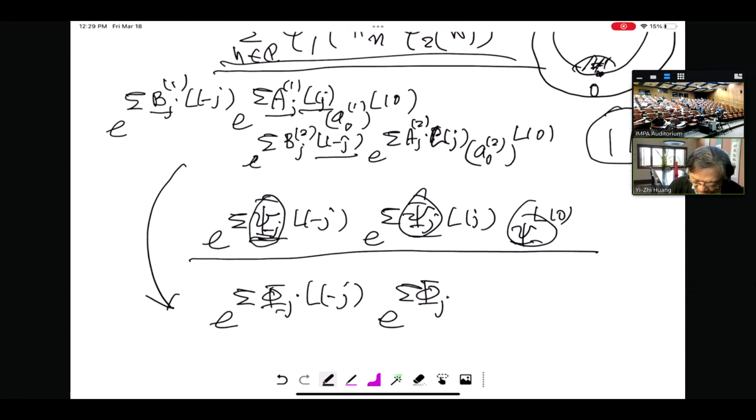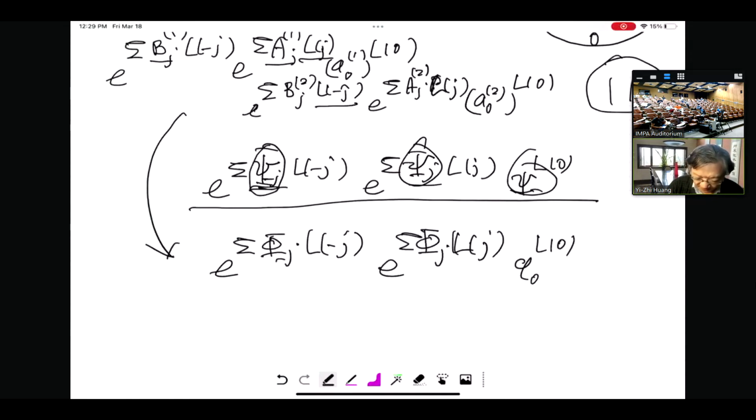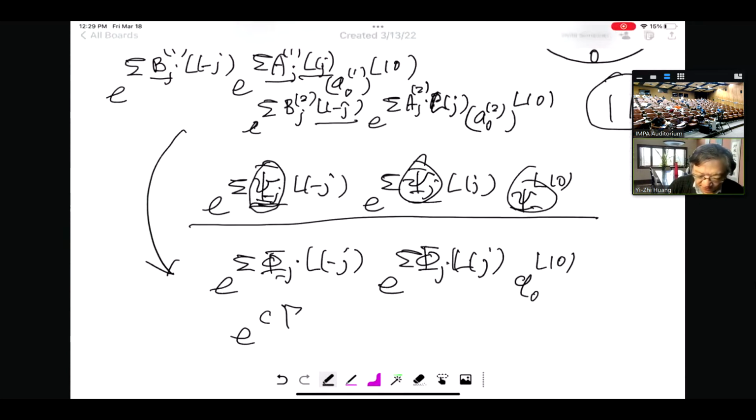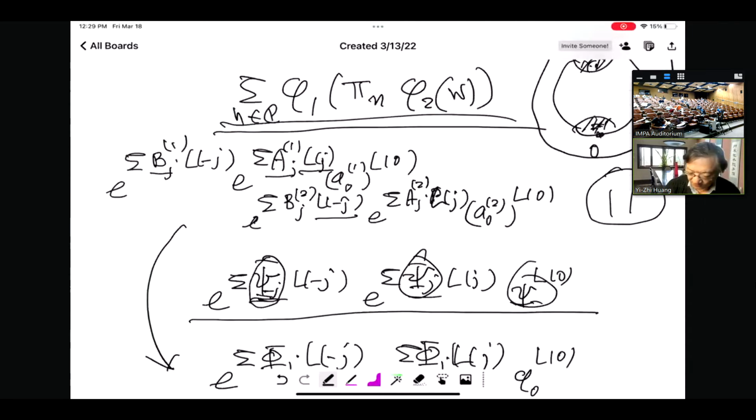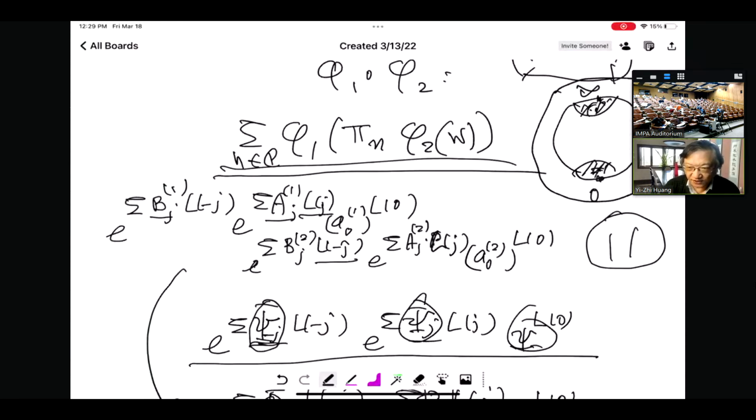This is minus j, this is j, Lj, and phi 0, I think the L0. So you can write this, but there will be an extra term, that's C gamma. What is the extra term? Geometrically, if you work on a Riemann surface, there will be no central charge.